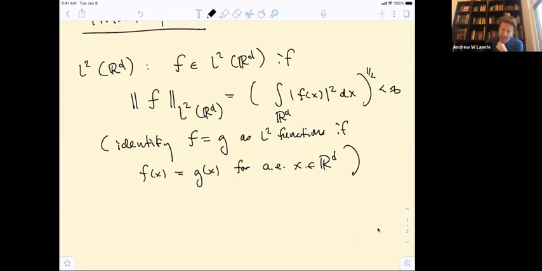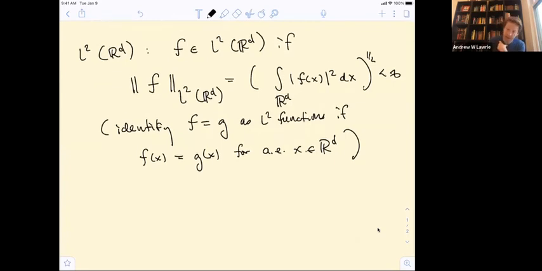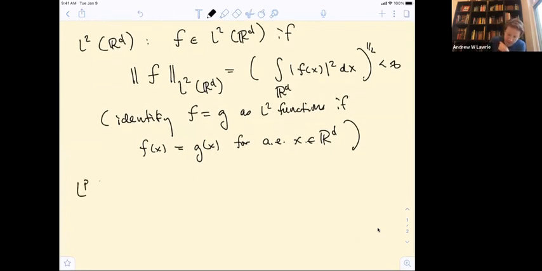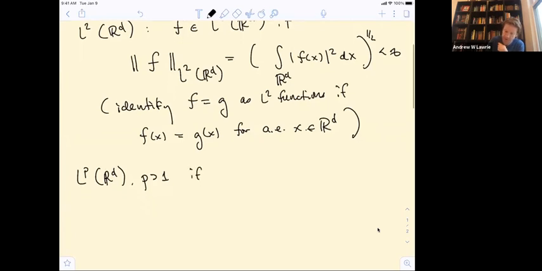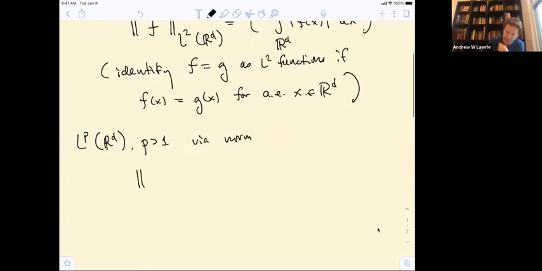So what distinguishes L2? In general, we can define L^p of R^d, p bigger than 1, via the norm, where you take the pth power of the function.